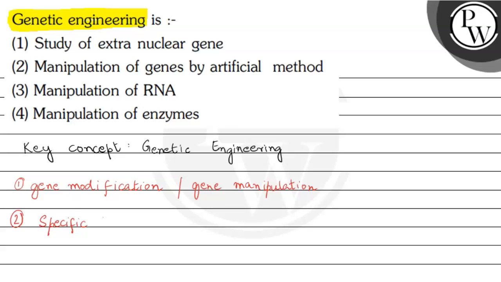With the help of genetic engineering, we can alter the gene of our own interest or introduce the gene of our own interest into a different organism. Also, genetic engineering is an artificial method. It does not happen naturally. It occurs due to manual interventions.